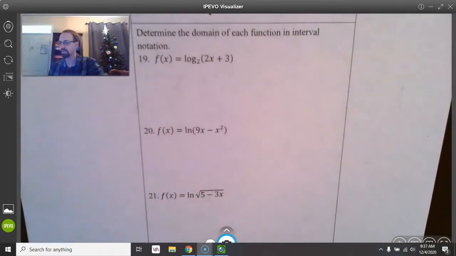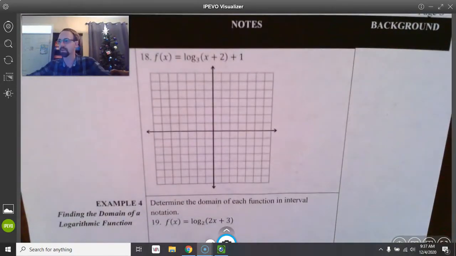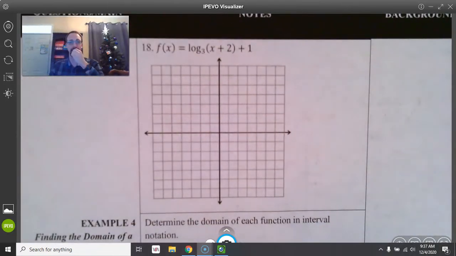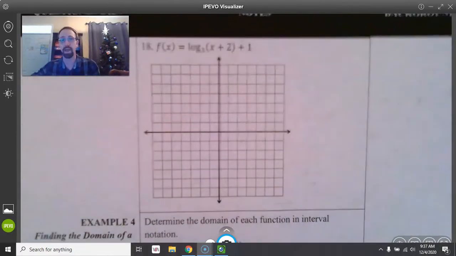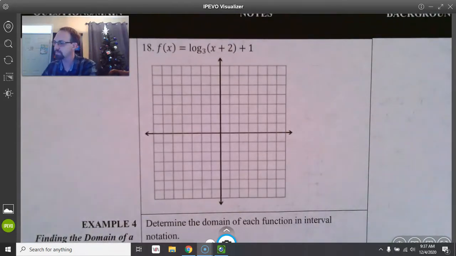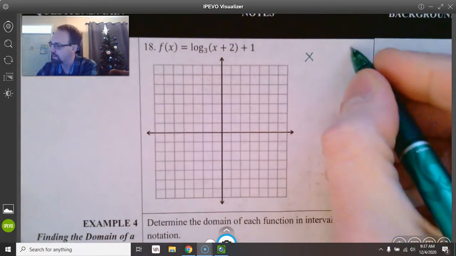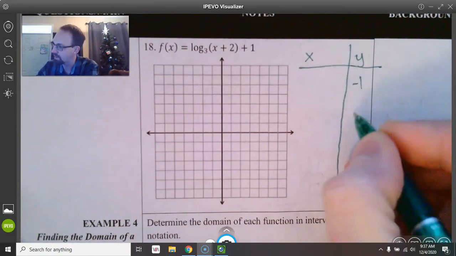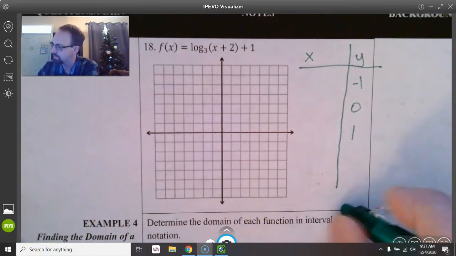Then the last graphing one that we have is this one here. So this one, we're going to have a value where we're transforming both x and y. So again, got a little space here for my t-chart. -1, 0, and 1.